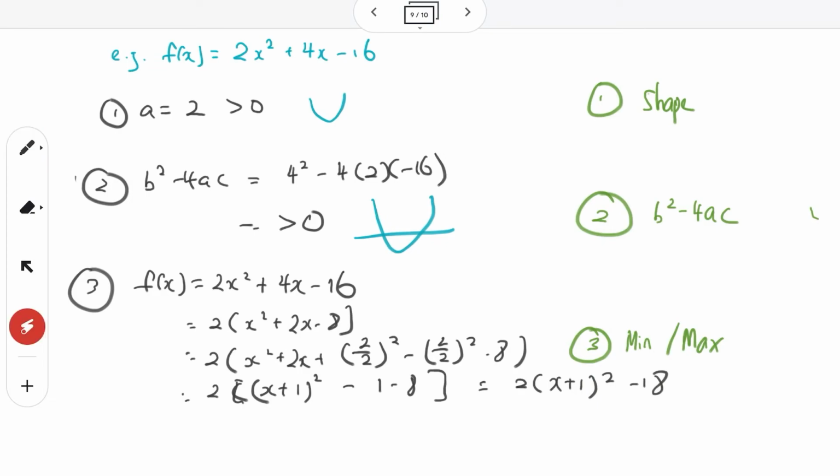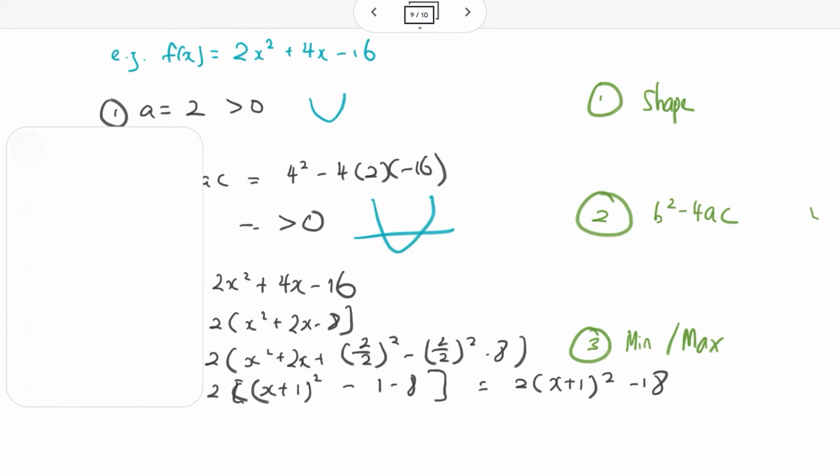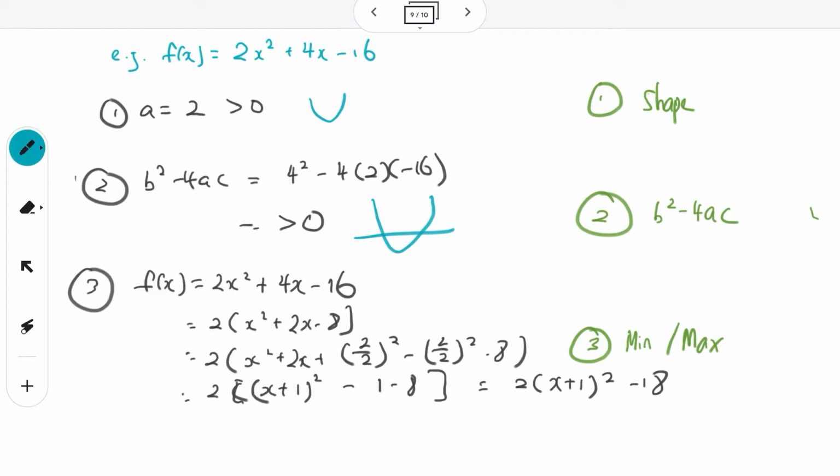Therefore, you know that your maximum point, I'm sorry, not the maximum point, we know it's a minimum point from the previous information. We know that our graph will have a minimum point of -1, -18.